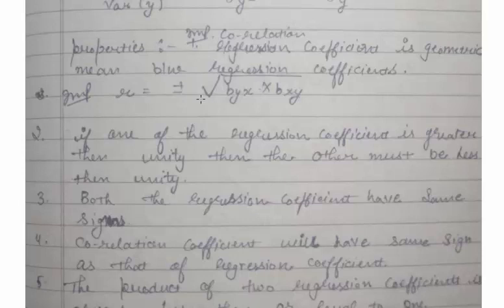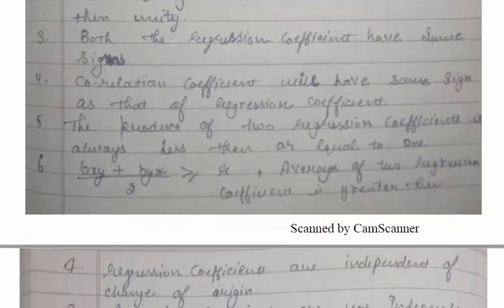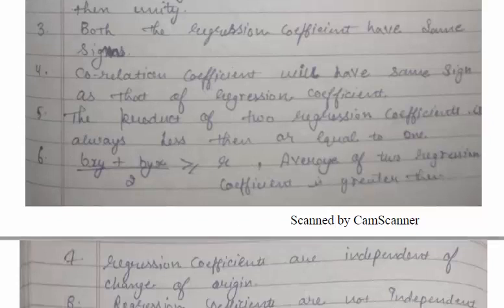Second property is that if one of the regression coefficients is greater than unity, then the other must be less than unity. Third property, both the regression coefficients have the same sign.